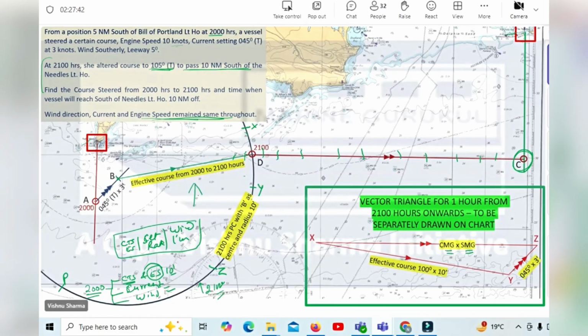So the course will increase by whatever leeway, 5 degrees. Whatever you measure on the compass rose, you'll increase it by 5 degrees to counteract the wind. So somewhere here, this will be the CTS. Am I right, guys? This will be the CTS of the vessel. Am I right? Yes or no?